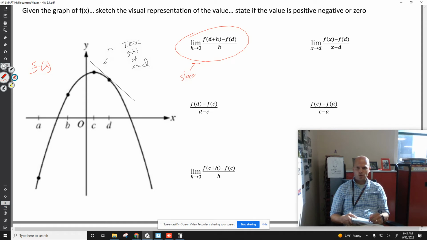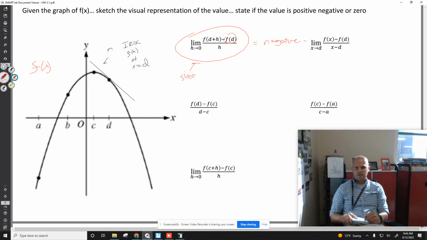Two points infinitely close to each other. H distance is close to 0. So the x distance is practically 0. Focusing on the point f of d. Okay, here's d. There's f of d. So we're talking about the slope of 2 points close to each other right around d. Oh, this slope is negative. My value is negative. I'm looking at this line that's negative.